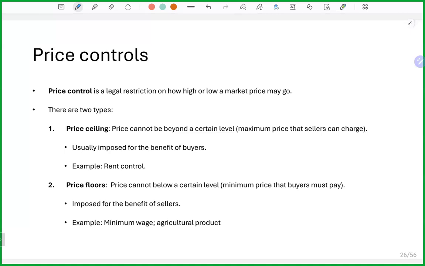Government will want to maintain the price level above a certain level. When there is excess supply, the rice price will be too low. To prevent too low a price of agricultural products, government imposes a price floor.